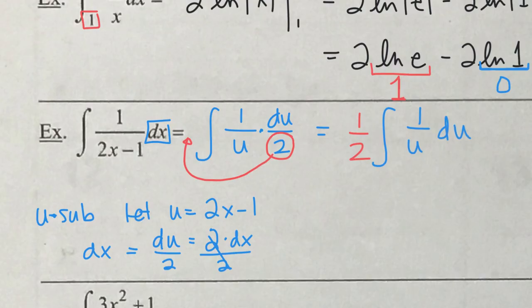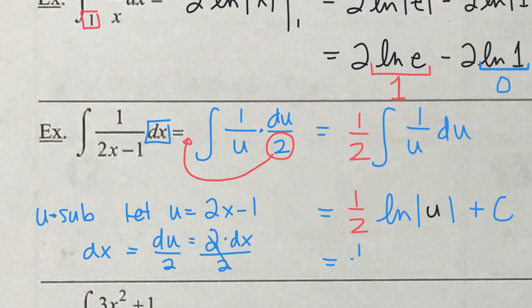Right? Now that's a pretty easy thing as long as we recognize what's the antiderivative of 1 over u. Well, that's the natural log of the absolute value of u, plus c, right? Plus that constant of integration. Since we don't have any upper and lower bounds, we have the plus c as part of your answer.